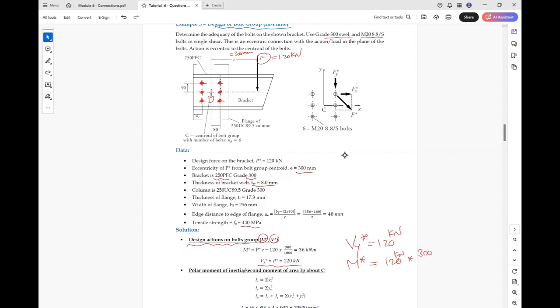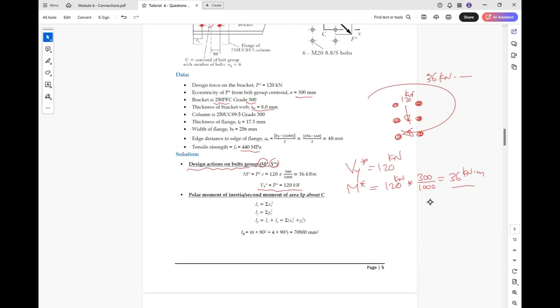How much is e? 300 millimeters, so 0.3 meters, so it becomes 36 kilonewton meter. So for this connection, we have 120 kilonewton here, and we have 36 kilonewton meter.